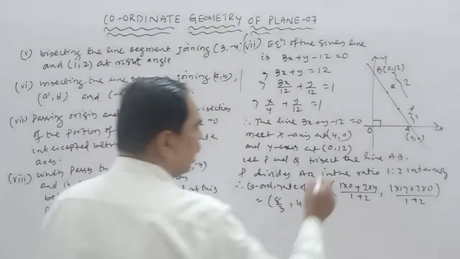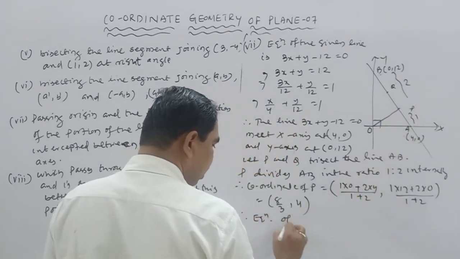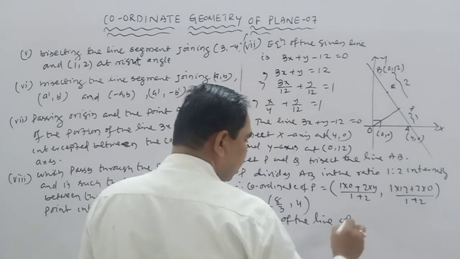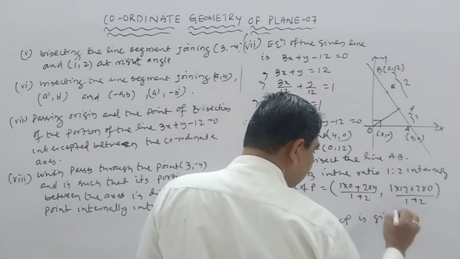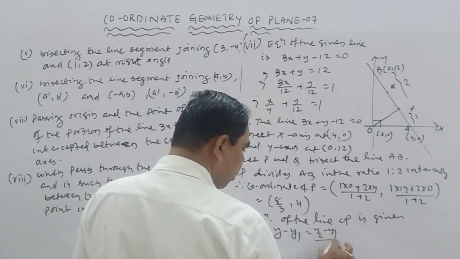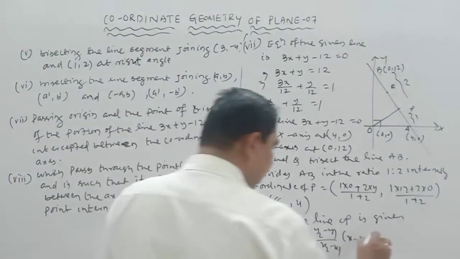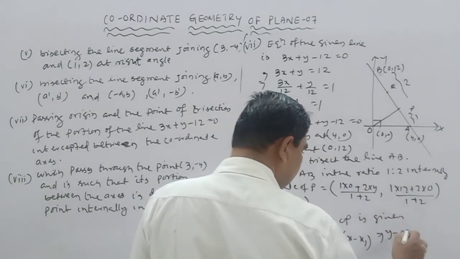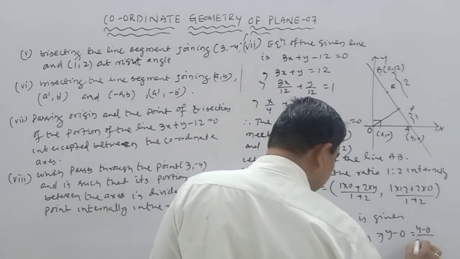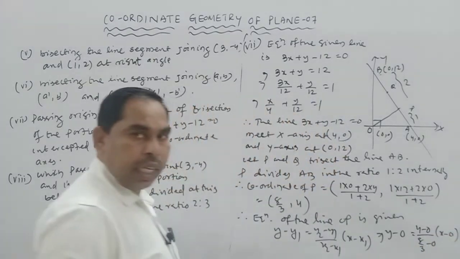Join OP. Therefore the equation of the line OP, where O is the origin, is given by y minus y1 equals (y2 minus y1) divided by (x2 minus x1) into (x minus x1), using the 2-point formula. So y minus 0 is equal to (4 minus 0) divided by (8 by 3 minus 0) into (x minus 0).